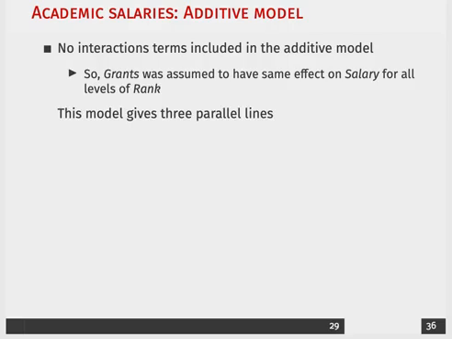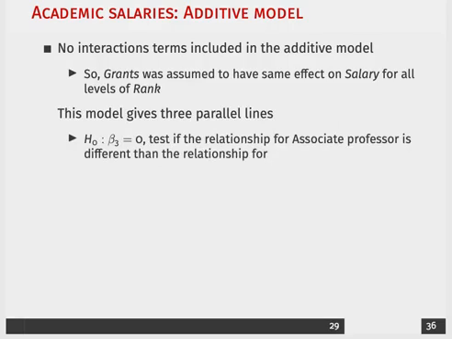So if that's the case, I want you to think about how we are going to test whether or not this is correct. We need to think about some sort of null hypothesis test to see if there truly is any difference between these different levels of rank. So let's think first how we would do that with regard to beta 3.